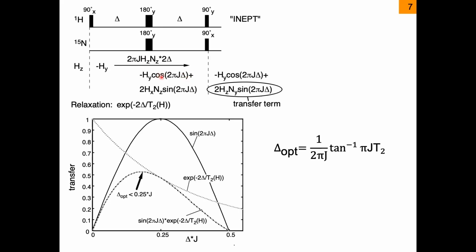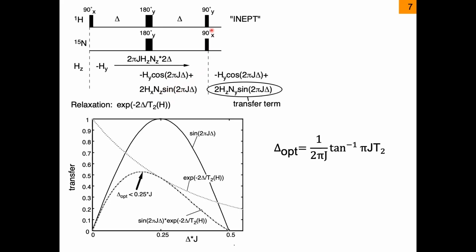So you stay with the cosine of this angle on minus HY, but you go into this term that interests us, this antiphase term, 2HXNZ, with the sine of this angle. So you wait for 90 degrees, then you have all of the magnetization transferred into this term, and the cosine of 90 degrees is 0, so you are just left with this. But most of the time, you're not doing this completely. I'll explain the reason at the bottom.